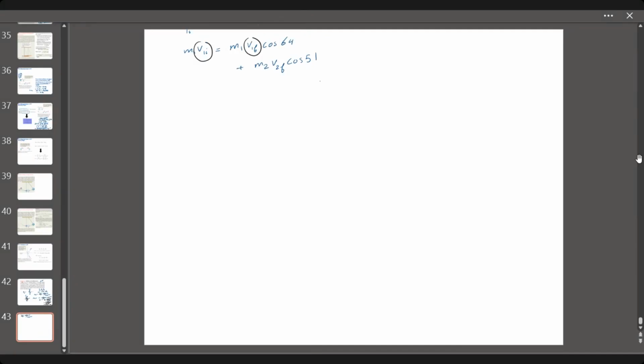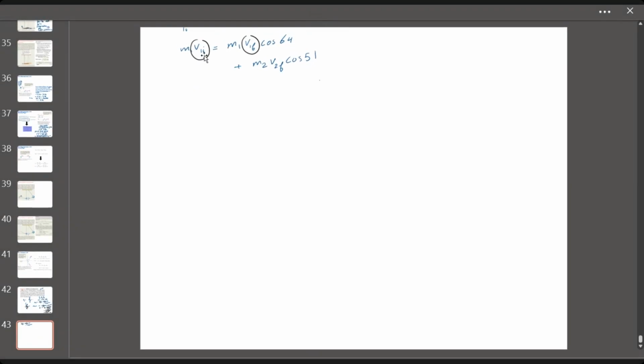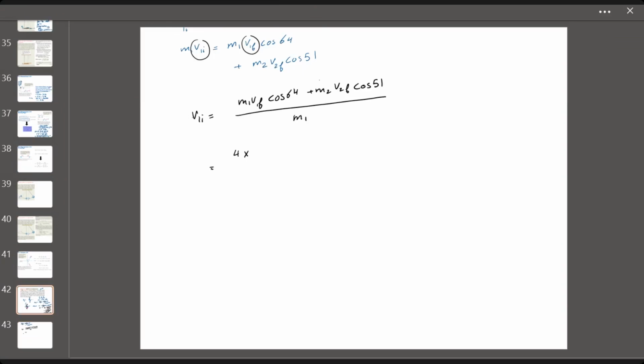What we want is V1 initial, the initial speed of our helium nucleus. So V1 initial equals M1 V1 final cosine 64 plus M2 V2 final cosine 51 over M1. M1 was 4, V1 final, we just found it, it was 4.15 times 10 power 5.